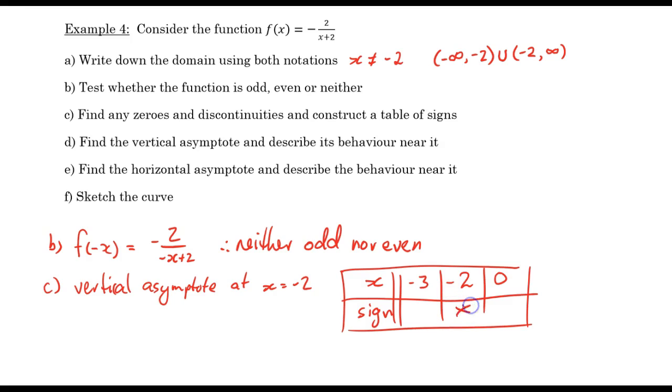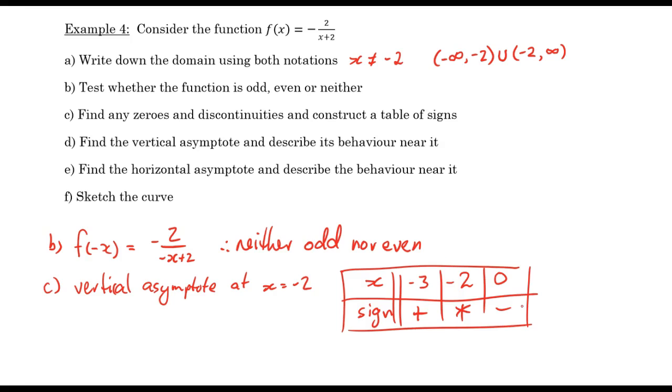What if x is negative 3? Well, my denominator is negative 3 plus 2, so it's negative 1. Negative 2 over negative 1 is positive. And if x equals 0, I get negative 2 over 2, which is negative 1, a negative number. So my function is positive to the left of negative 2 and negative to the right of negative 2.